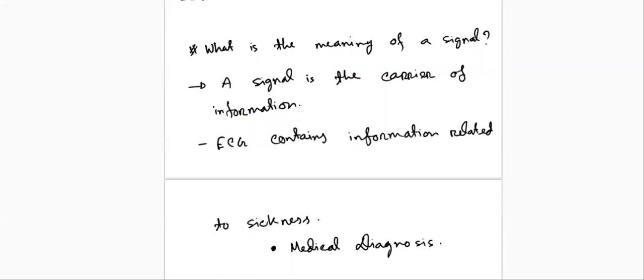So that is the difference between the signal and the noise. Noise is also one sort of signal, let's say n(t), the noise signal. It might happen that noise is a signal for some other person, not for you.